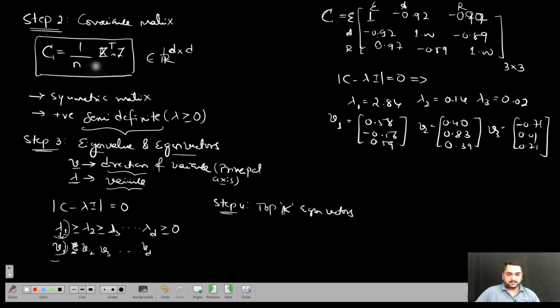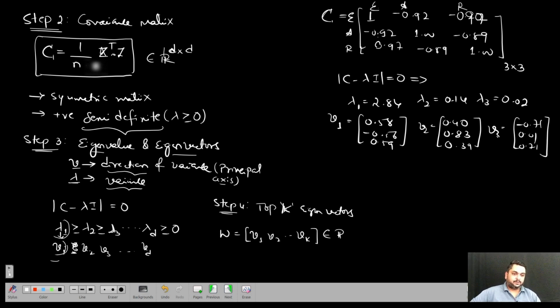How will you calculate this k? You can use cross validation techniques on the data to find the best value of k. Using those top vectors, we take our final projection vectors, because using these vectors I need to project my data onto the principal directions. So I'll say v1, v2, up to vk. I have selected k vectors out of d eigenvectors. What will be the size of this?